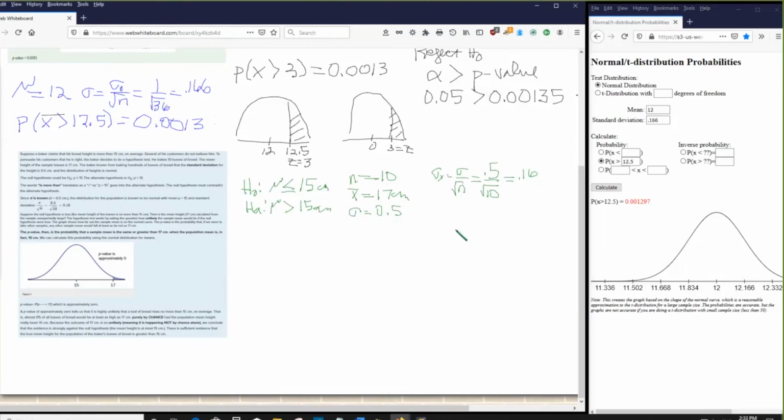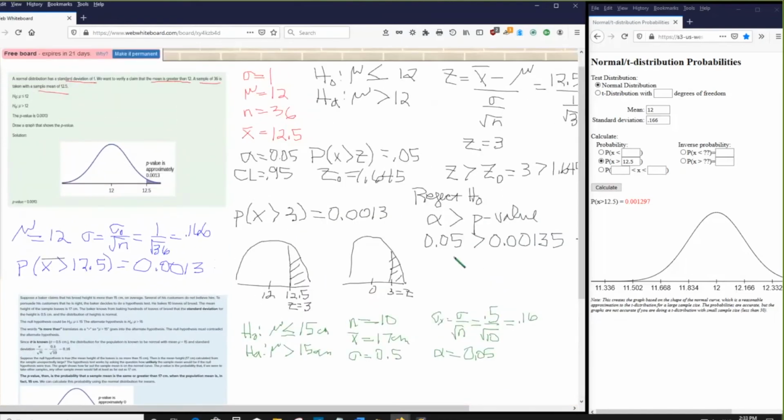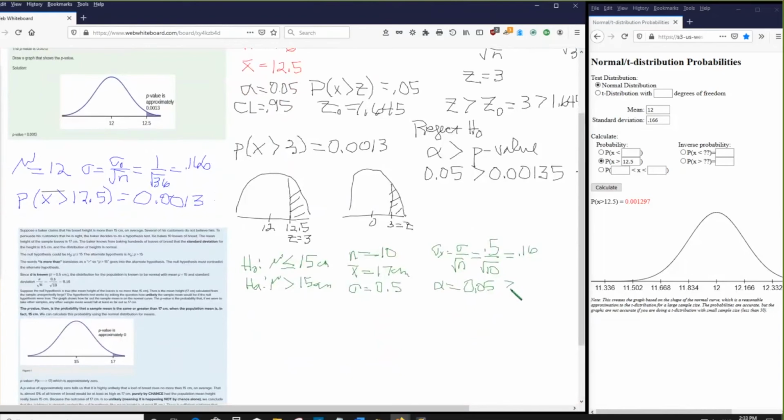Then we have an alpha of 0.05, and we solved this last time, that gave us a z-score of 1.645.